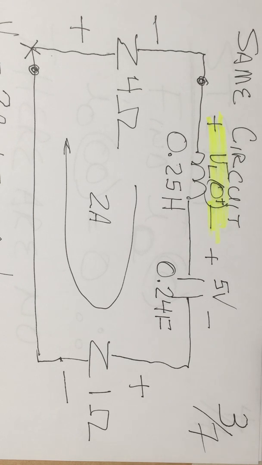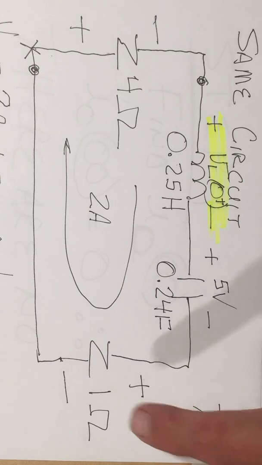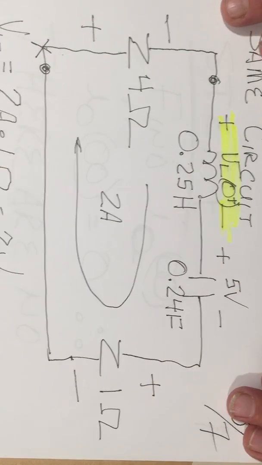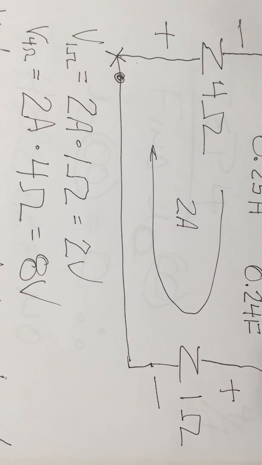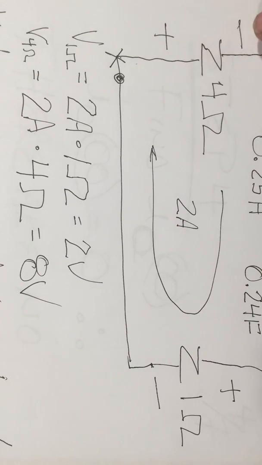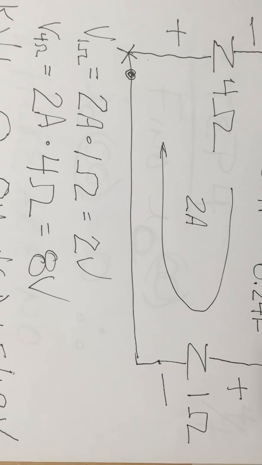Current has to enter the plus sign of the voltage drop across a passive element, RLC. So I've been given 5 volts. I can find the voltage across the 1 ohm resistor. It's just going to be 2 amps times 1 ohm. I can go around and find the voltage across the 4 ohm resistor, which is just 2 amps times 4 ohms.